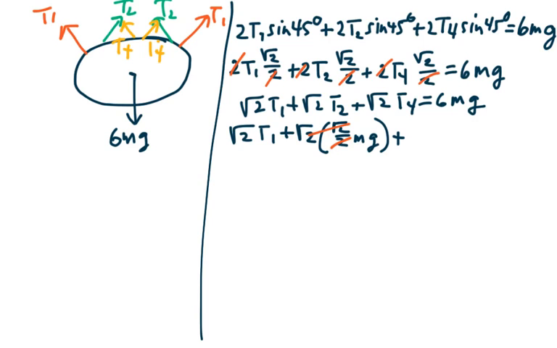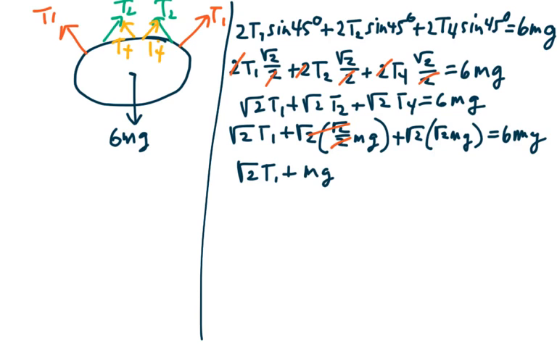And then T4 we know to be the square root of 2 mg, and all this is equal to 6 mg. Well, the square root of 2 times the square root of 2 is going to give us 2, so this is going to be the square root of 2 T1 plus mg plus 2 mg equals 6 mg.